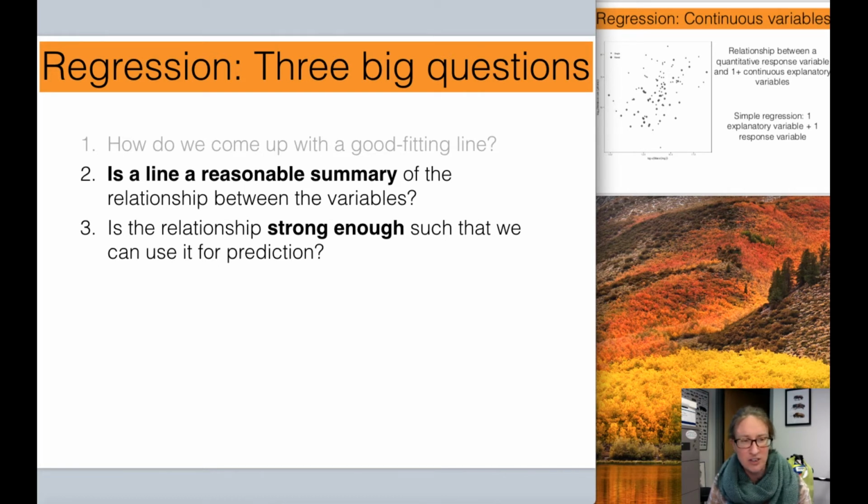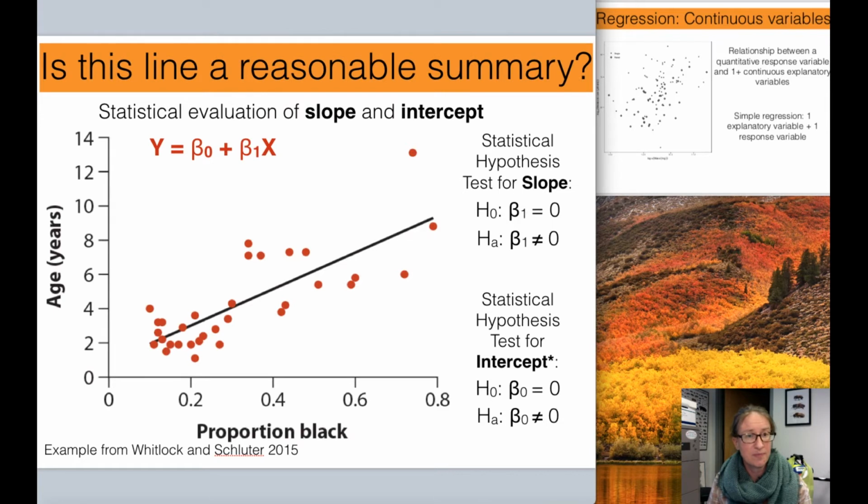So the next question then is this line a reasonable summary of the relationship between these two variables? So that's going to involve some statistical evaluation of the slope and the intercept estimates.